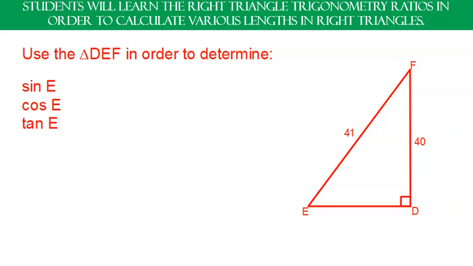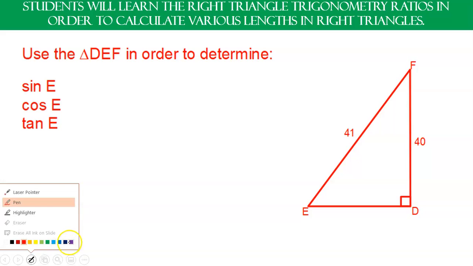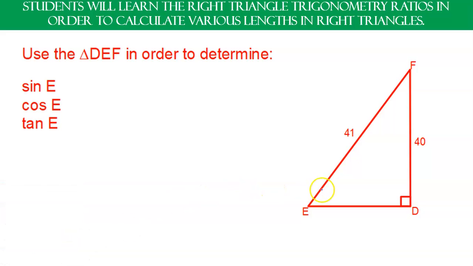So we're using triangle DEF, and we want to find the sine of angle E, the cosine of angle E, and the tangent of angle E. Well, the first thing we're going to do is circle angle E. That tells us this is the angle we're talking about. So we're going to label all of our triangle parts in reference to E. Our hypotenuse is always the side that's across from the right angle, so this is our hypotenuse.